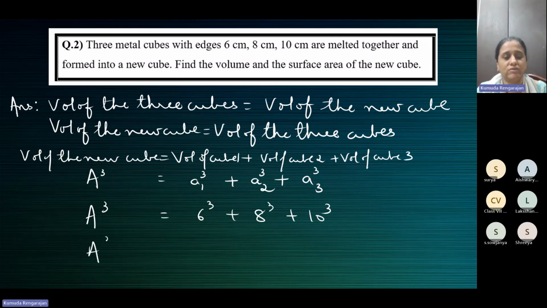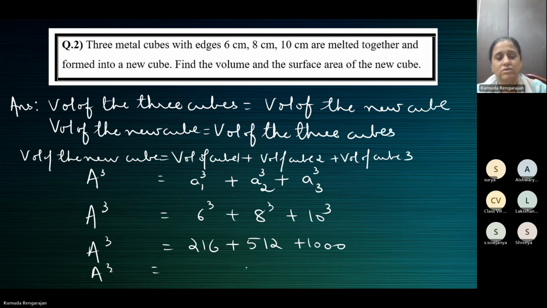So A cubed is equal to 6 cubed plus 8 cubed plus 10 cubed, which is 216 plus 512 plus 1000. What's the sum, children? 1728. So A is equal to the cube root of 1728.